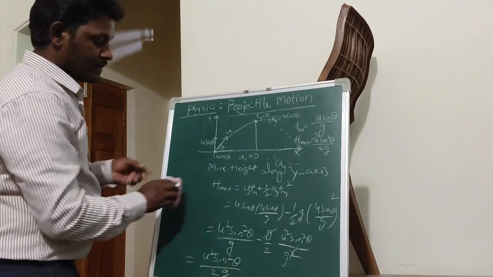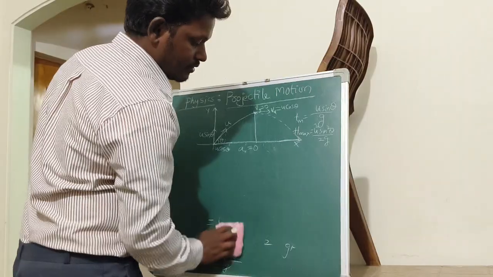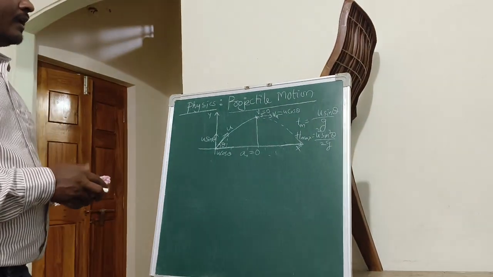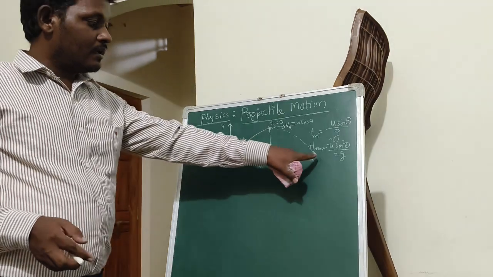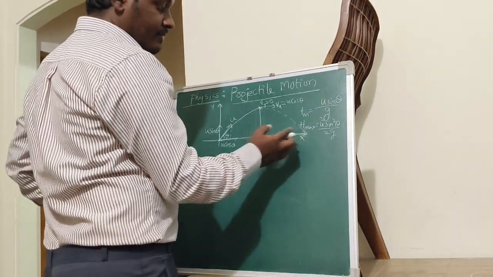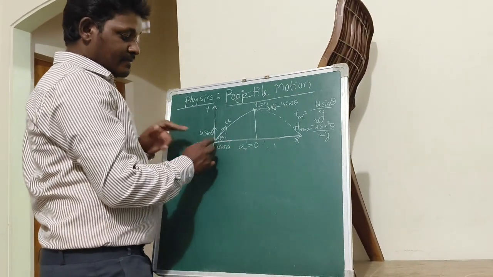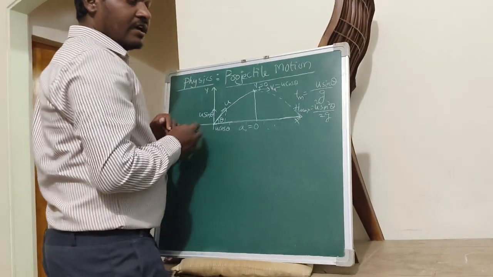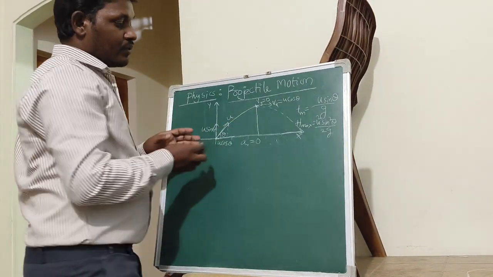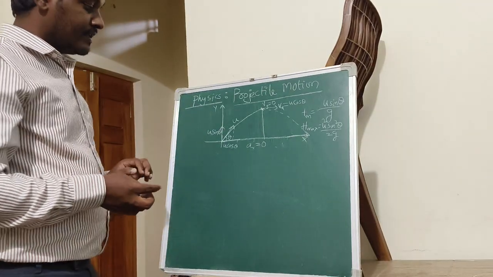Okay, this one is completed. Now let us take the time taken by the body to reach the maximum displacement along the x direction. The displacement along the x direction we usually call range. So what is the time taken by the body to reach the maximum range?